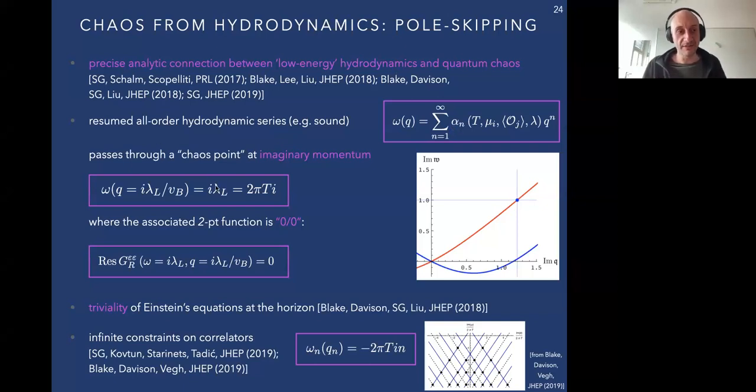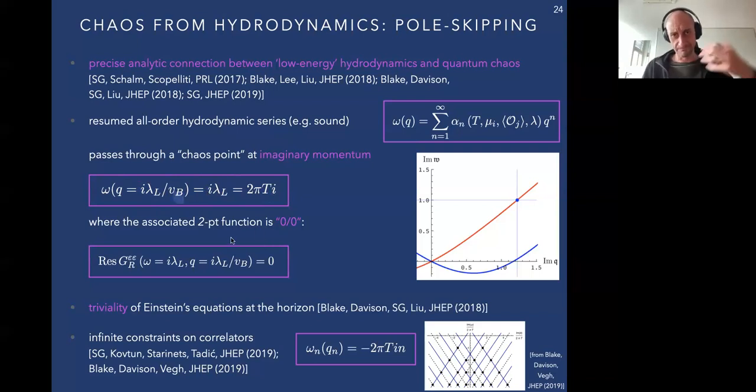If you look at the sound mode, this will be for frequencies at the Matsubara frequency times i, so positive imaginary axis, and this will happen at imaginary momentum q. This imaginary momentum q is equal to i times lambda_L over v_B. So this allows you to compute the butterfly velocity just from the hydro mode.